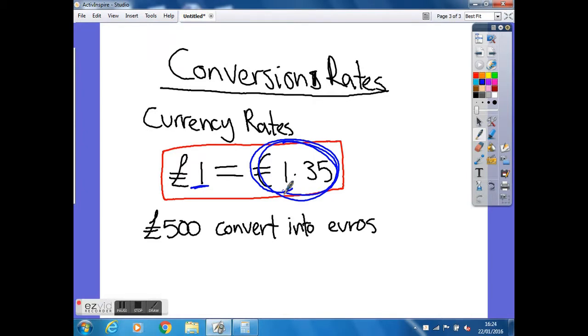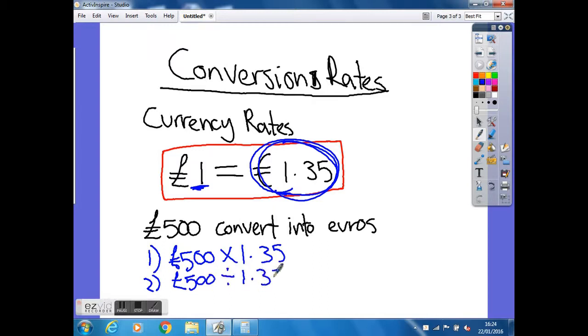The reason for that is if you times or divide any number by 1, it will just stay as the same number, so it's irrelevant in that sense. What we're needing is this 1.35 side. And in terms of converting that £500, we're either going to do 500 times that 1.35 figure, or we're going to do 500 divided by that 1.35 figure.